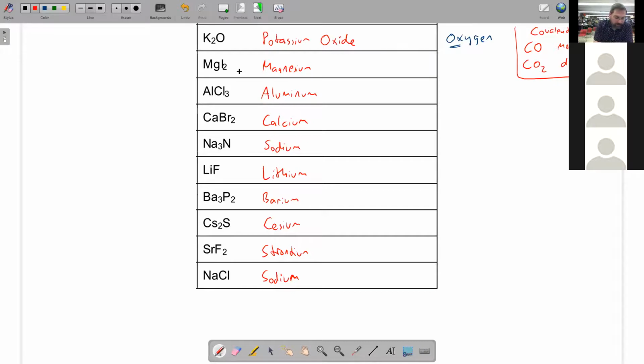Magnesium iodide, so that's from the element iodine. You got to figure out where the ide ends up, and it turns out that instead of iodine, it's iodide. So the iod is preserved, and then it's iodide.